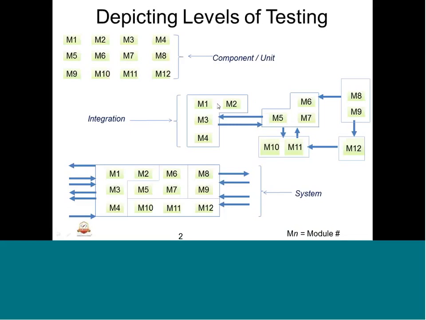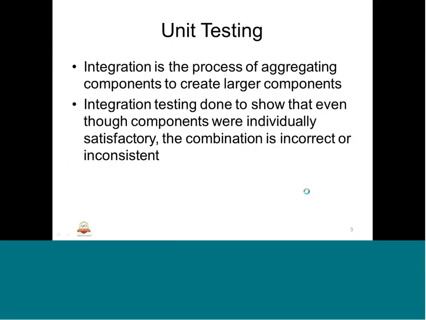That means while the first block is interacting with the second block, and while the third or fourth block is interacting with the fifth block continuously within the system, there could be some issues, especially when you trigger some of the inputs or the signals. All together it should work correctly and consistently. So how do you bring up those issues? That is through system testing.